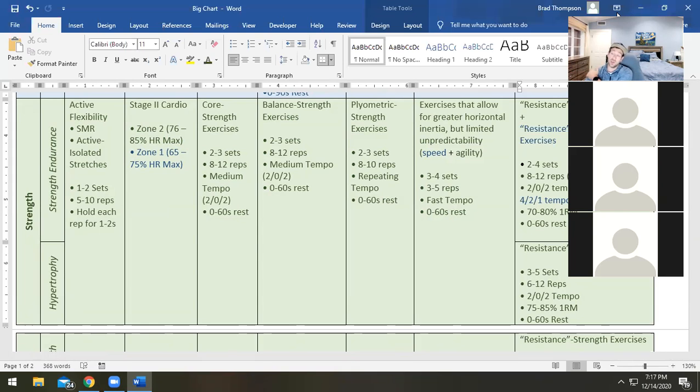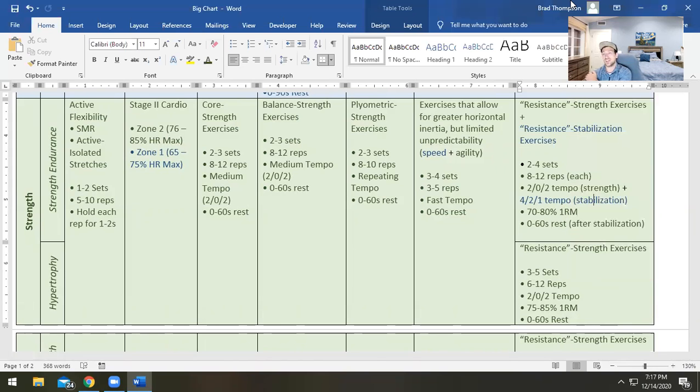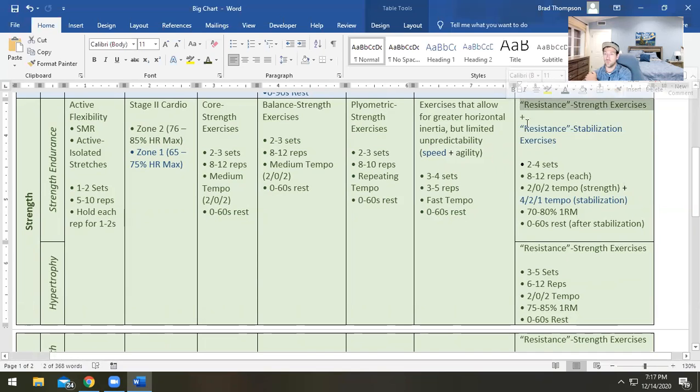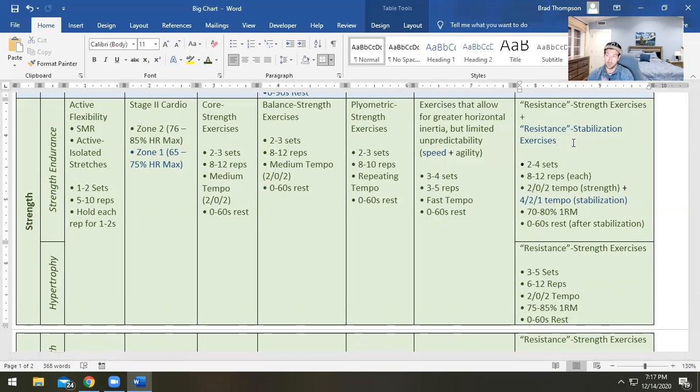What they're going to do is your first movement's going to be a strength exercise, and your second movement is going to be a stabilization exercise. So for exercise selection here, you're going to superset strength with stabilization for the same body part in what NASM likes to say as biomechanically similar movements.